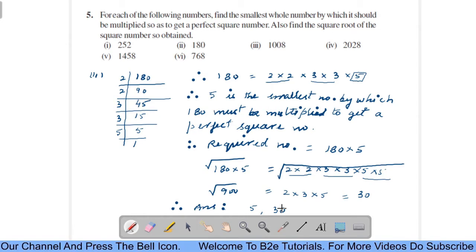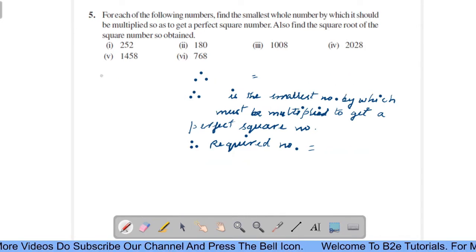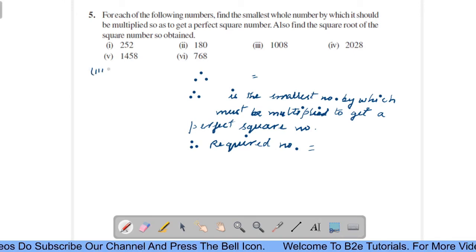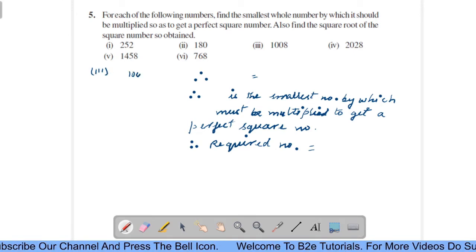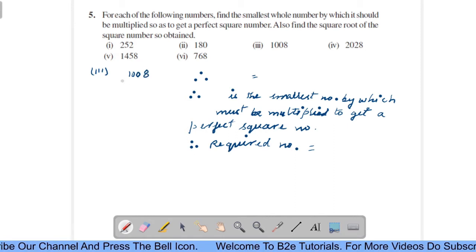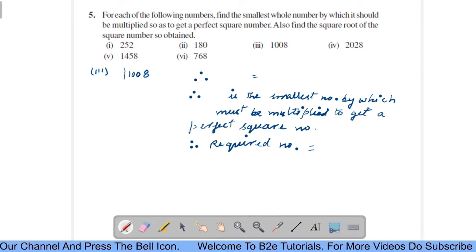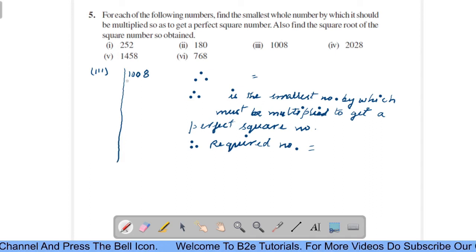Now come to next. Now come to third part. It is 1008. Now find out prime factors of 1008.